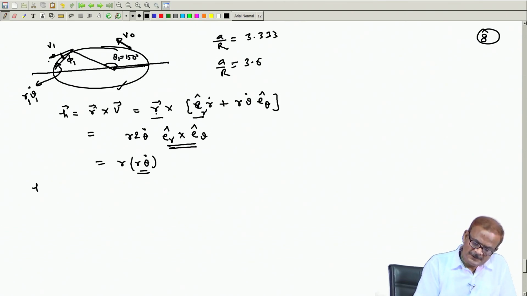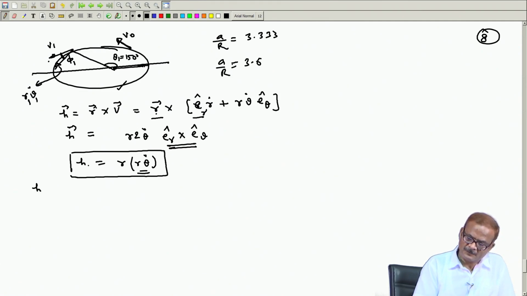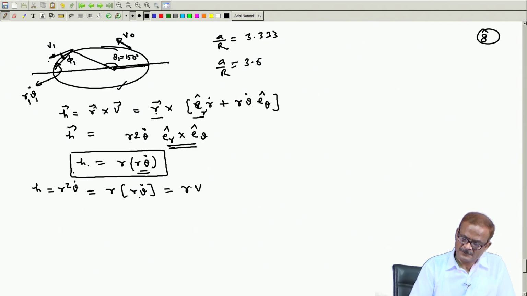So, simply r square theta dot, which is r times r theta dot, equal to r times V cos phi.